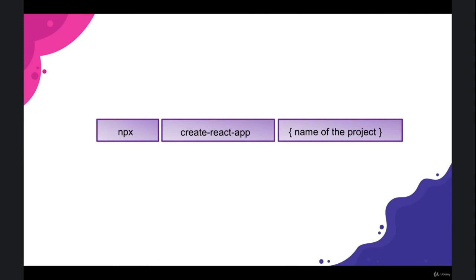Now, the only reason I didn't show you this alternate fashion, even though it's slightly easier perhaps, is that npx is a command line tool that only started to be installed with versions of npm 5.2 and higher. And it's possible that you have a version of npm earlier than 5.2 on your computer.